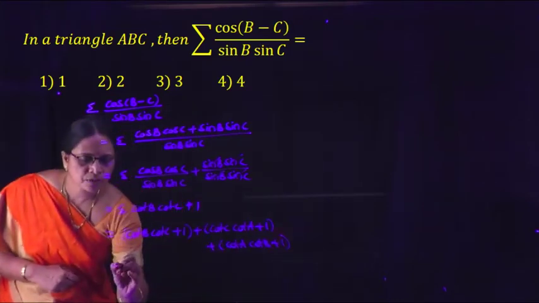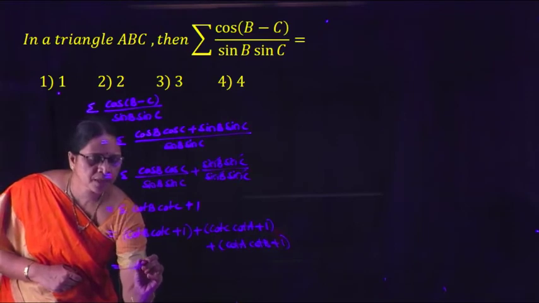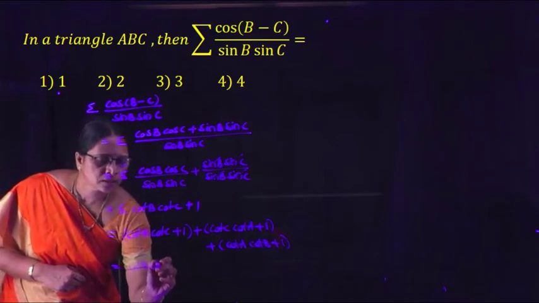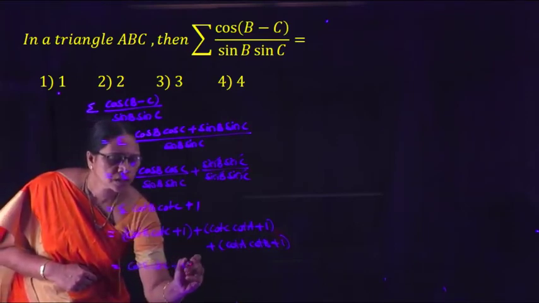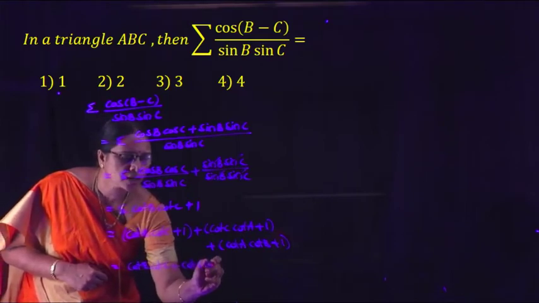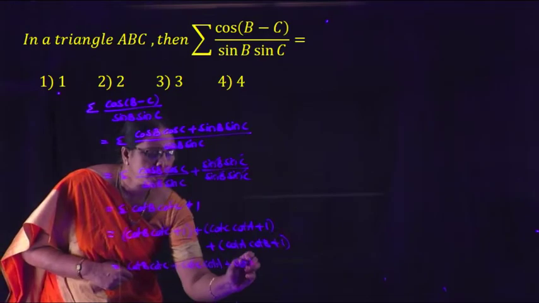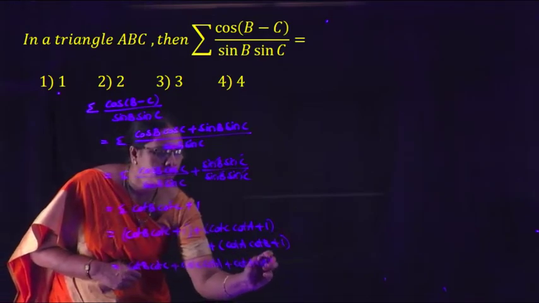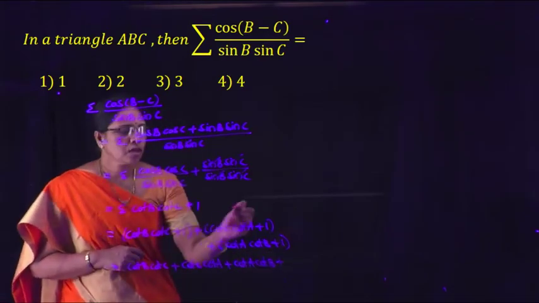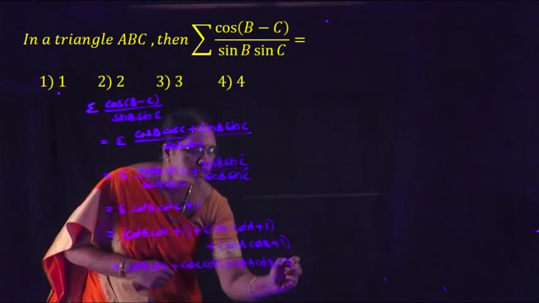That is equal to cot b cot c plus cot c cot a plus cot a cot b plus here 1 plus 1 plus 1 is 3.